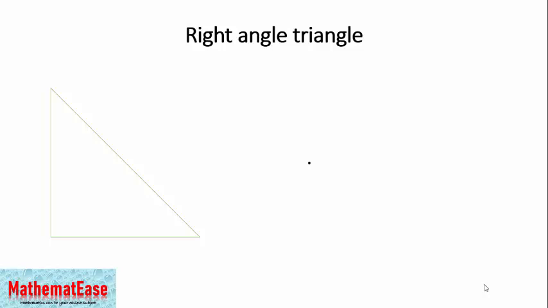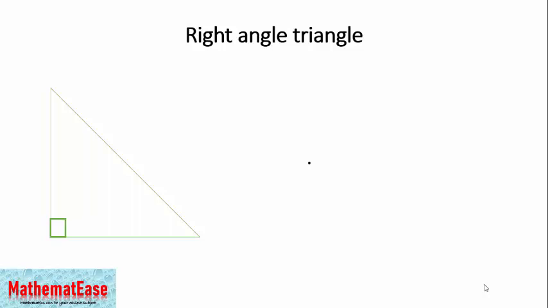Then what do you need to look for? There must be this sign. Now, what is the meaning of this sign? You see, in a right angle triangle, we have a vertical line and a horizontal line. That angle-like shape between them shows that the vertical line and the horizontal line are perpendicular. When you have lines that are perpendicular, it means the angle between them is 90.